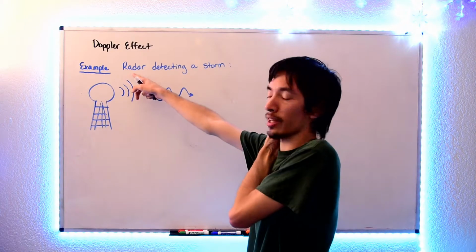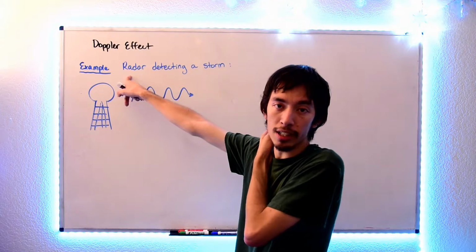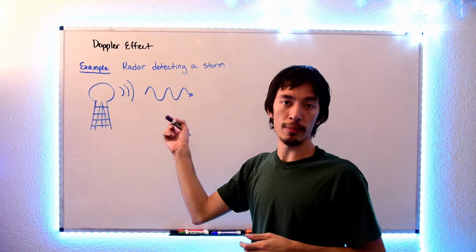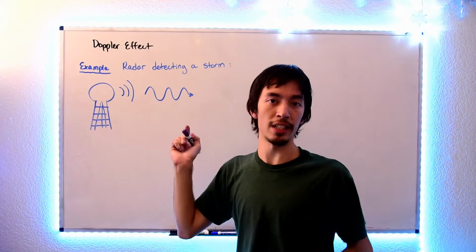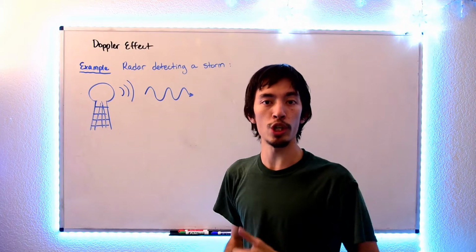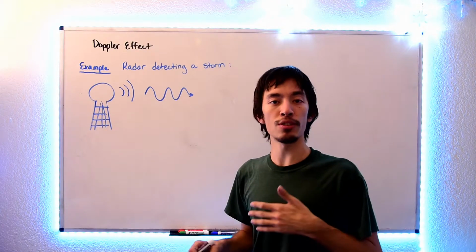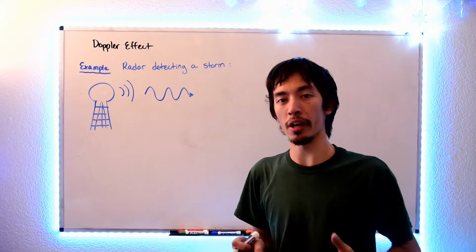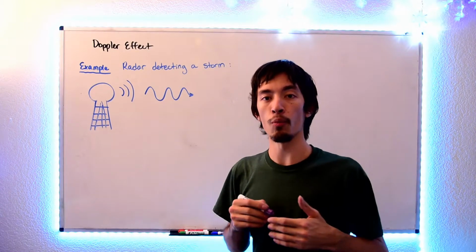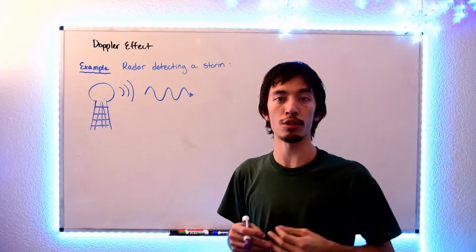In the context of radar, most of the time this is going to be used for weather detection, where rainfall is, which way it's moving. This is used actually to help predict where something's going to be at a certain time, like tornadoes.